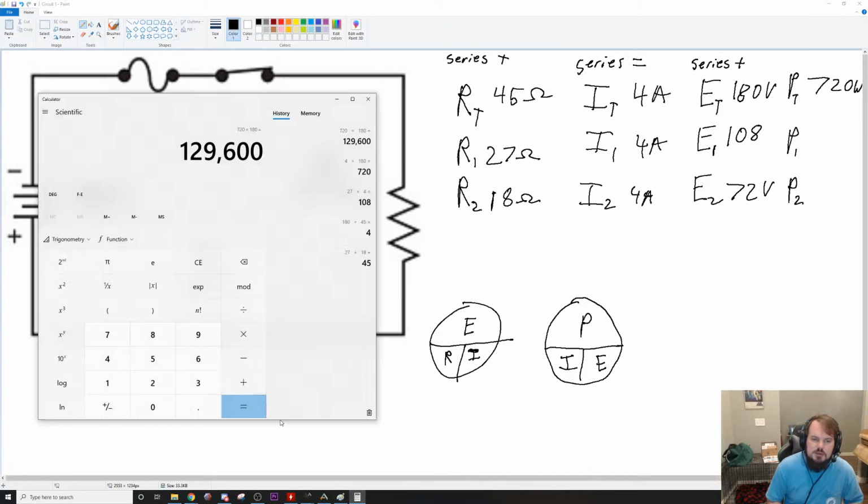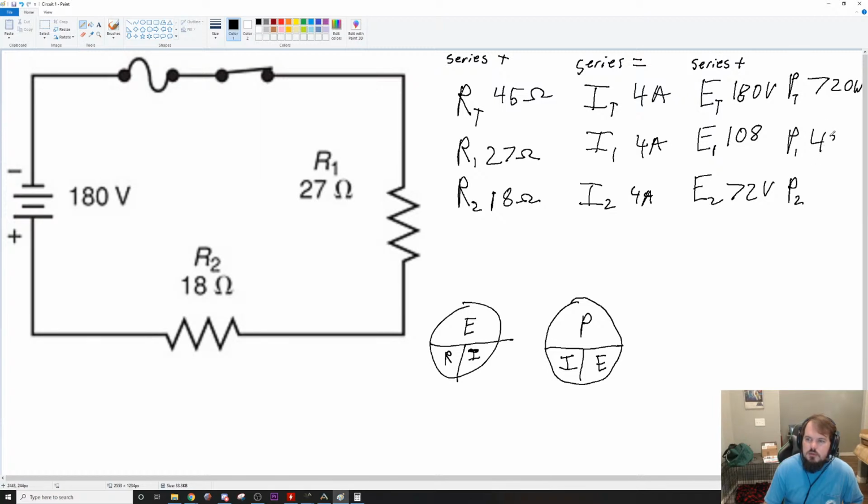Then we'll do the next one. 4 times 108 is 432. And powers in series, power always adds up. We just did that in the last lesson.